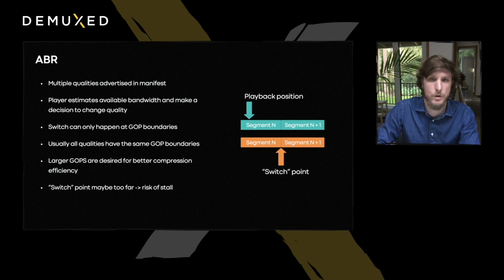This is usually not such a big problem for players since they build up buffers specifically to accommodate network changes. However, it can become a problem when lower latency is required or when buffer size is smaller than GOP size. ABR decisions are made on the client, so players on all platforms need to implement pretty much the same logic.